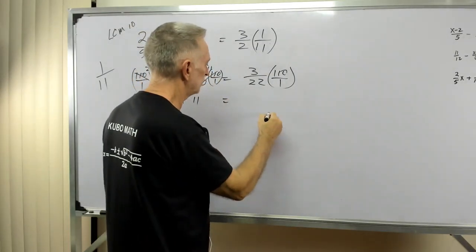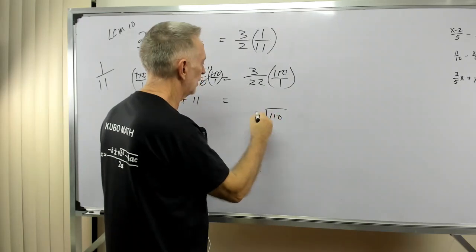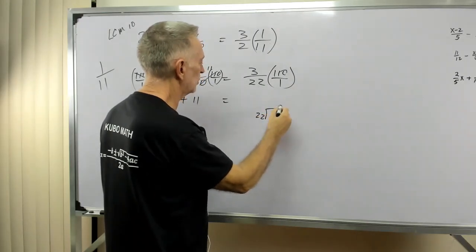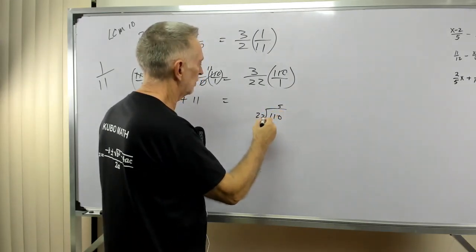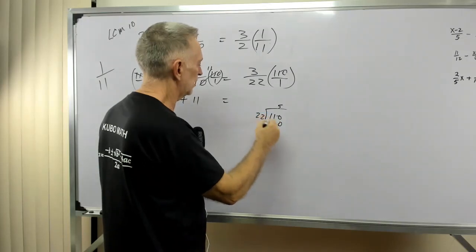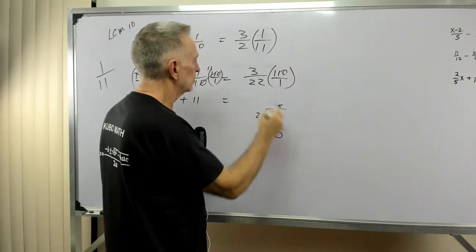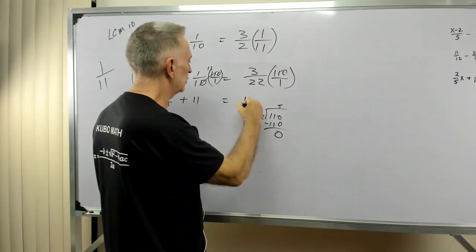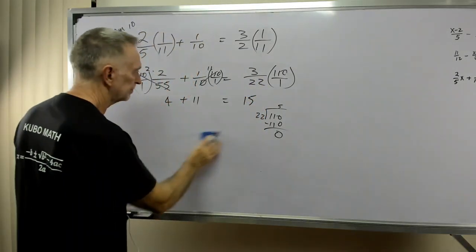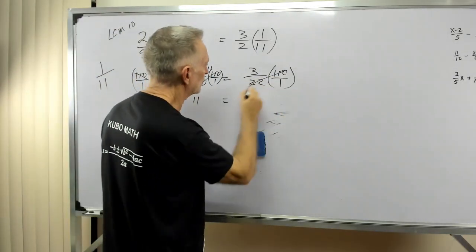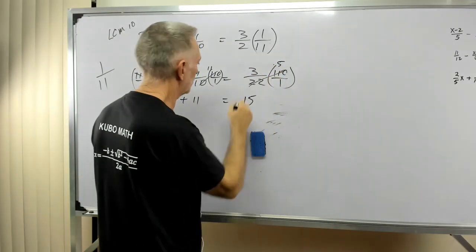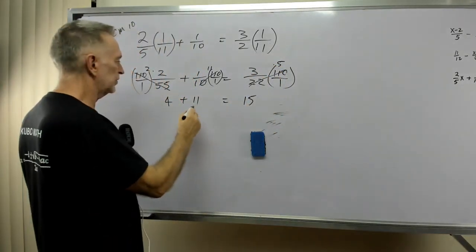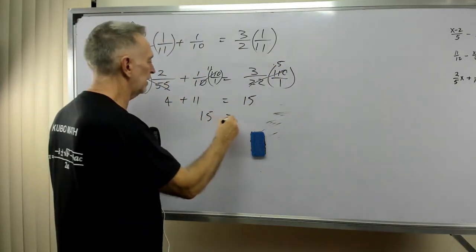Is that right? 5 times 2 is 10. 5, 10, 11. Yes. So 5. 5 times 3 is 15. So this canceled to 5. 5 times 3 is 15. 4 plus 11, hey, 15 equals 15.